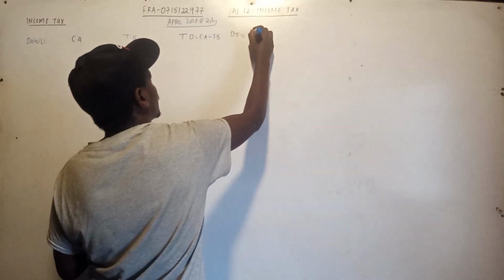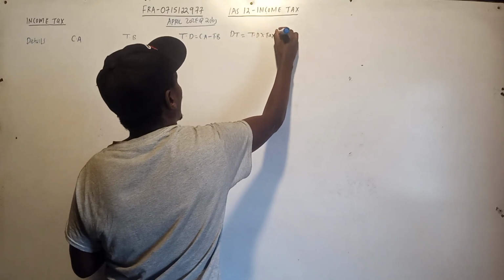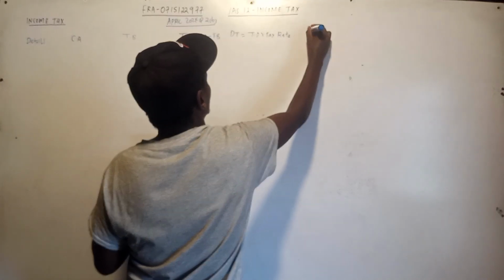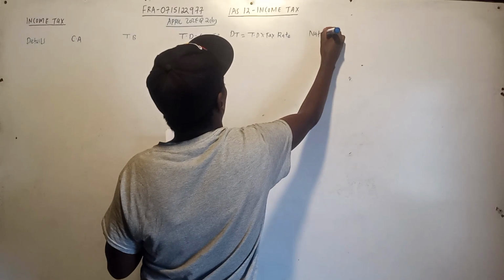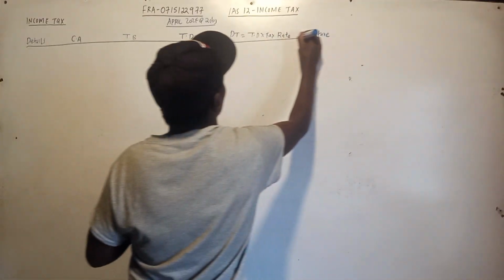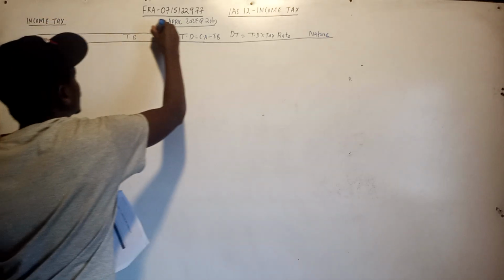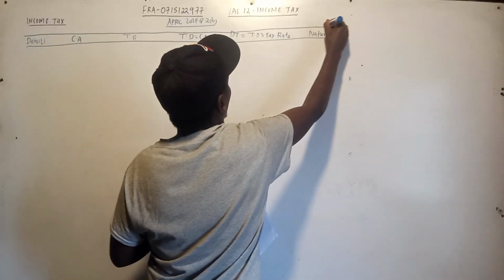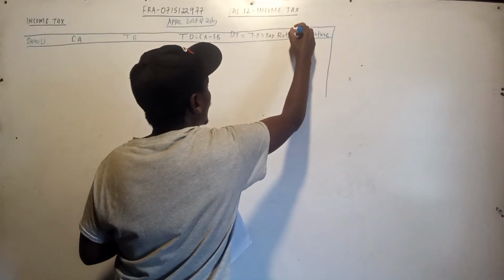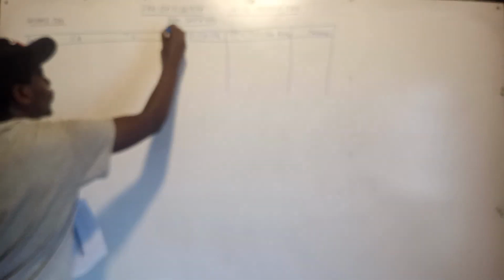The deferred tax is the temporary difference times the tax rate. Then we can also have the nature, if it is deductible or taxable. I think this one will be enough.